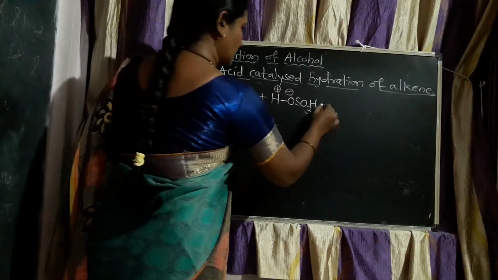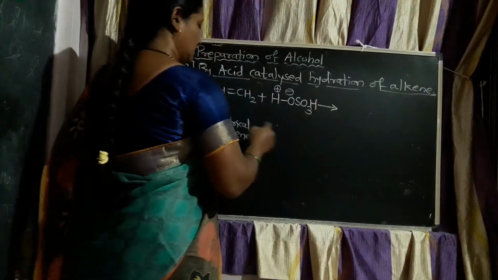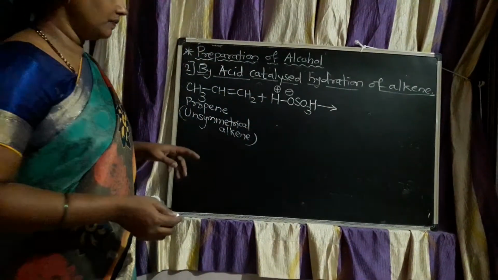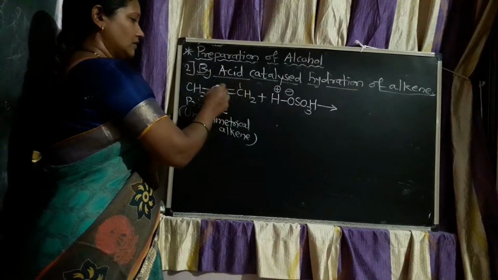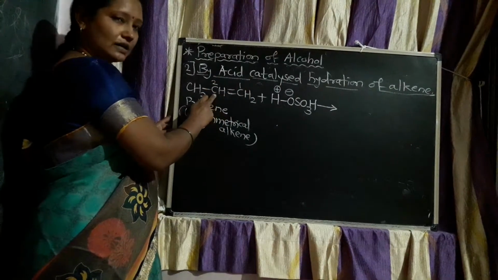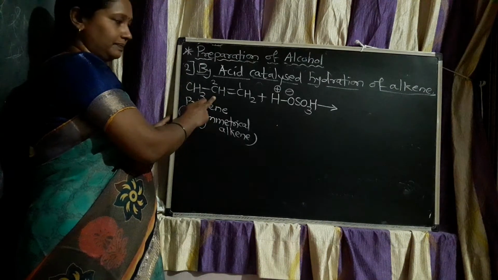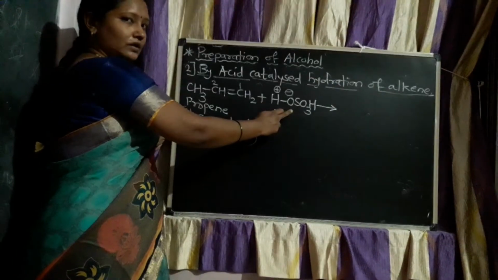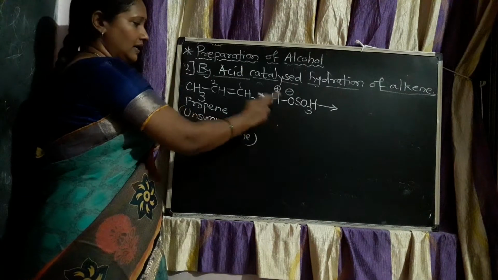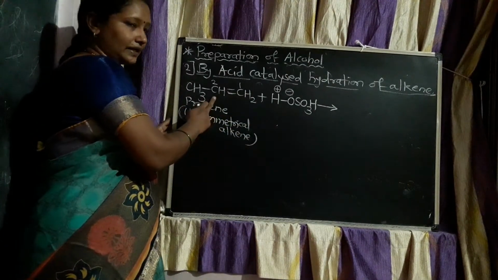This is the sulfuric acid. Then according to Markovnikov's rule, across the double bond, the second carbon atom has the lesser number of hydrogen atoms. Therefore, this negative part OSO3H minus is added to the second carbon atom.